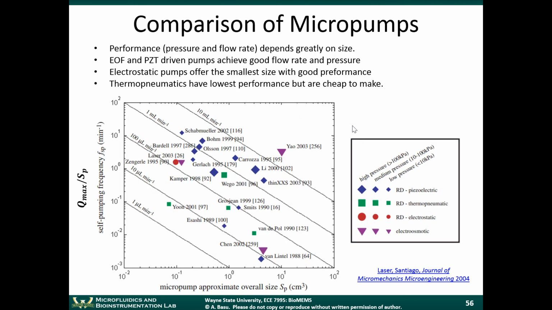So I mentioned some general trends here about the EOF and PZT pumps and electrostatic pneumatics. One other thing is that electroosmotic pumps can generate large amounts of pressure, as I mentioned earlier. This particular graph shows the micropump size on the x-axis and the self-pumping frequency.